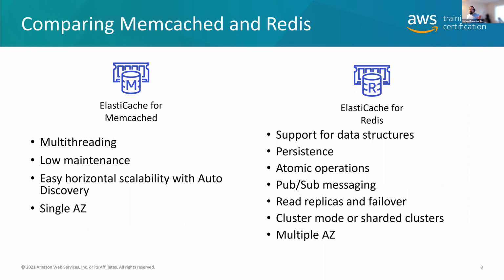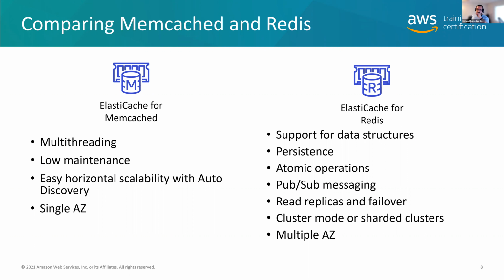Let me just simplify this for you. Pretty much any question they're going to ask, if it doesn't relate to multi-threading or horizontal scaling, it's going to be Redis. If it relates to multi-threading or horizontal scalability, then it's most likely going to be Memcached as the answer. Anything else as far as advanced data types, data persistence, they're not going to ask you about atomicity, right? Read replicas, failovers, setting up clusters, doing cluster modes, right?